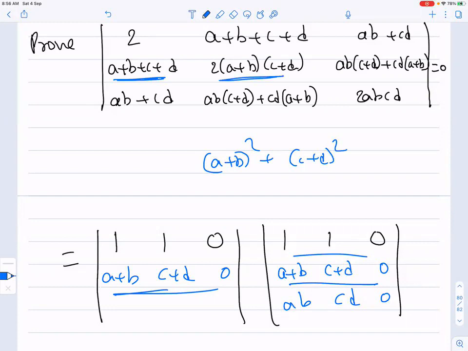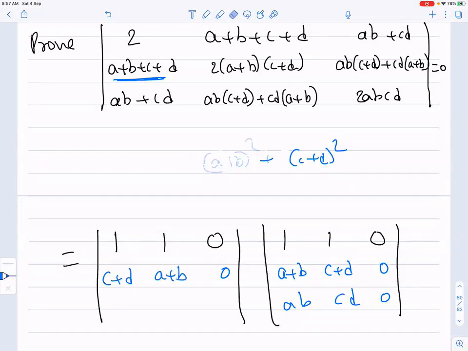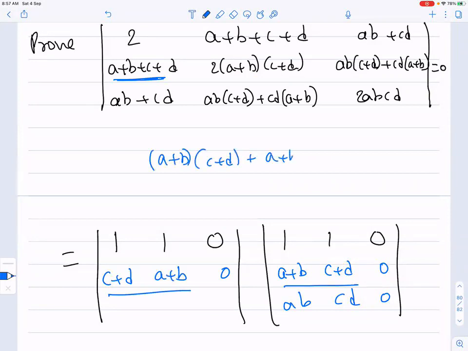We have the multiplication of (a plus b) into (c plus d). That means I need to interchange. So I'm going to interchange these two and write it as c plus d, a plus b. Will it help? Let us see. The first one is not going to change. Multiplication of these two gives (a plus b) into (c plus d) plus (a plus b) into (c plus d).